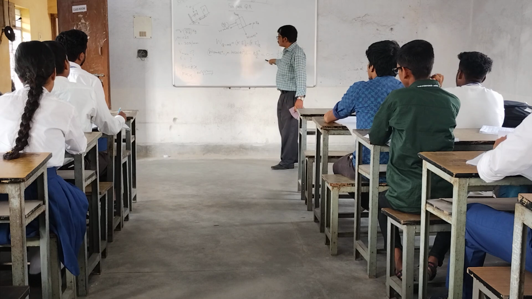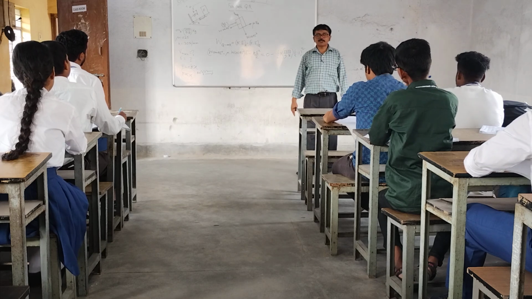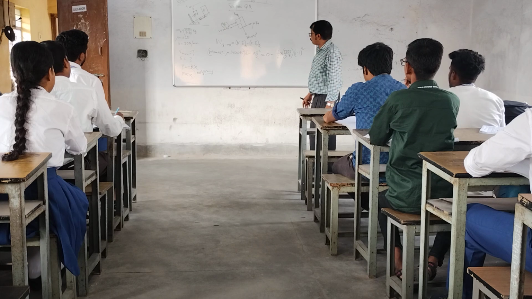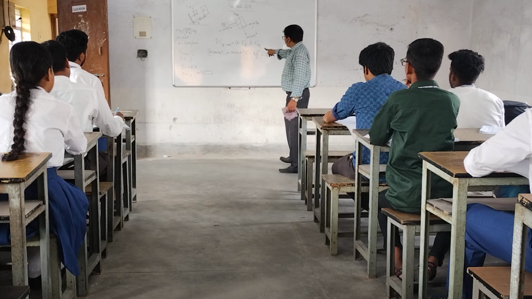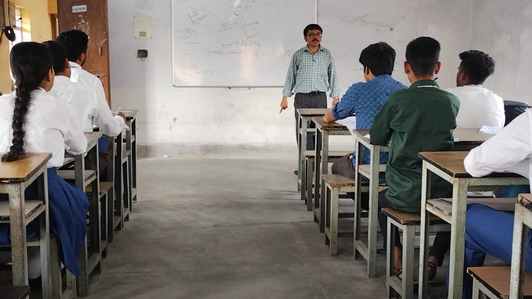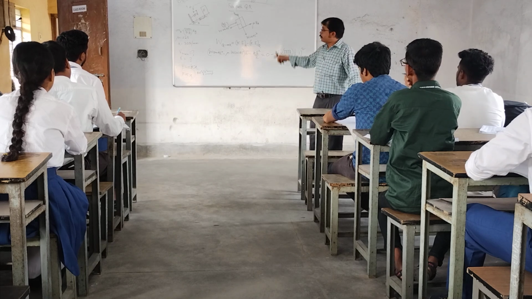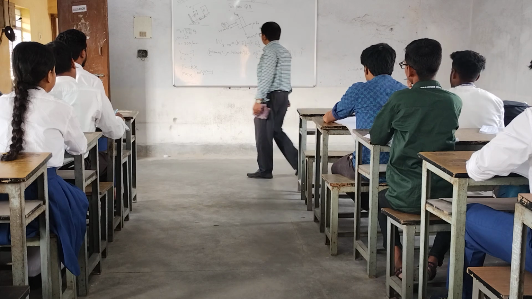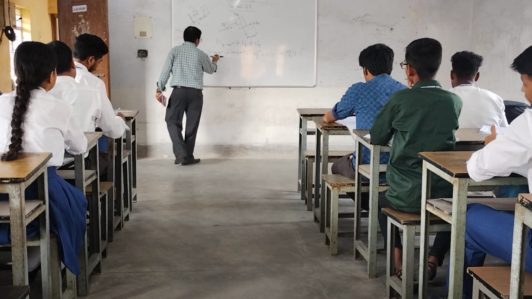What kind of equation is this? A quadratic equation. Finally the equation takes the form of delta square plus delta, so the unknown is delta. It is a quadratic equation in the variable delta.